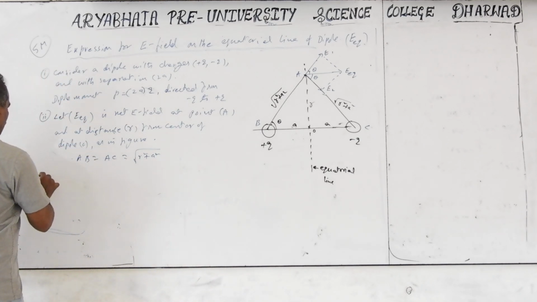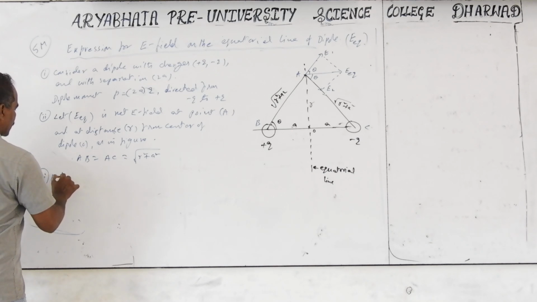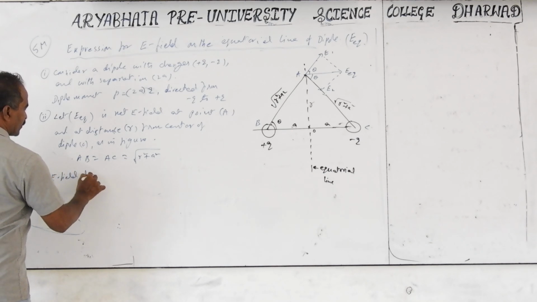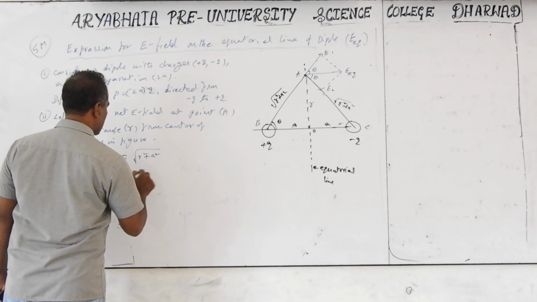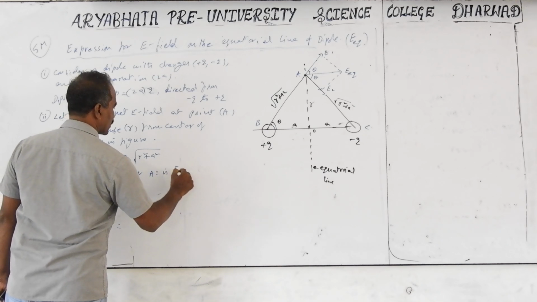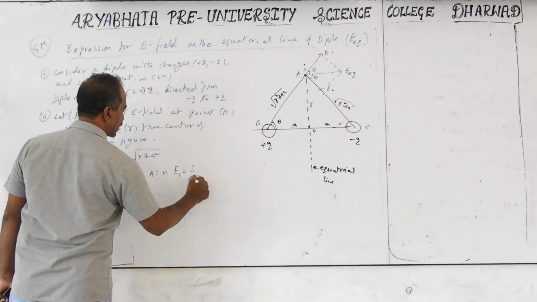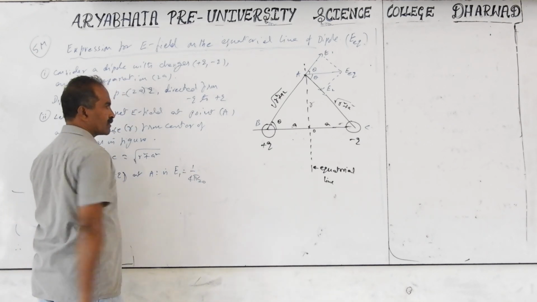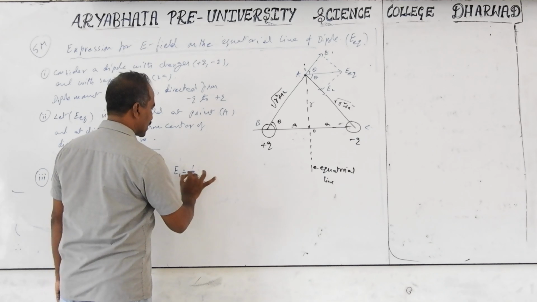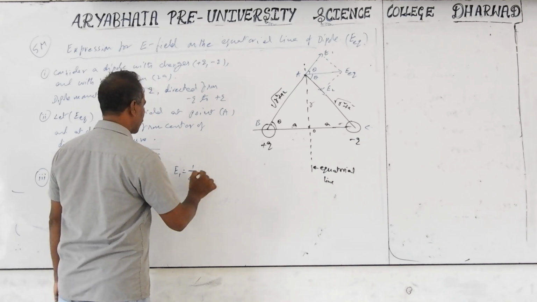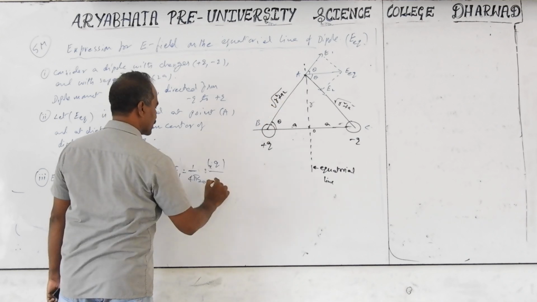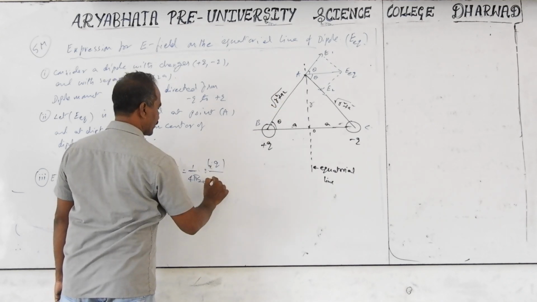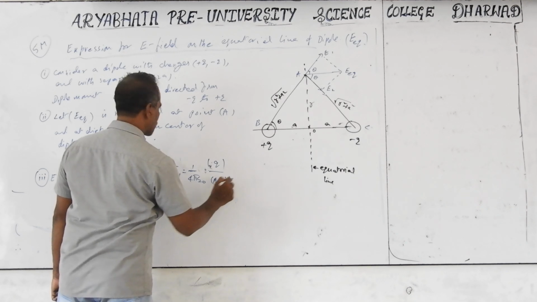Next, electric field due to plus q. Electric field due to plus q at A is E1 equals 1 by 4 pi epsilon naught. We are discussing magnitude only, not taking a medium, so don't use k. It is the charge, that is mod q, by distance square, that is AB square.